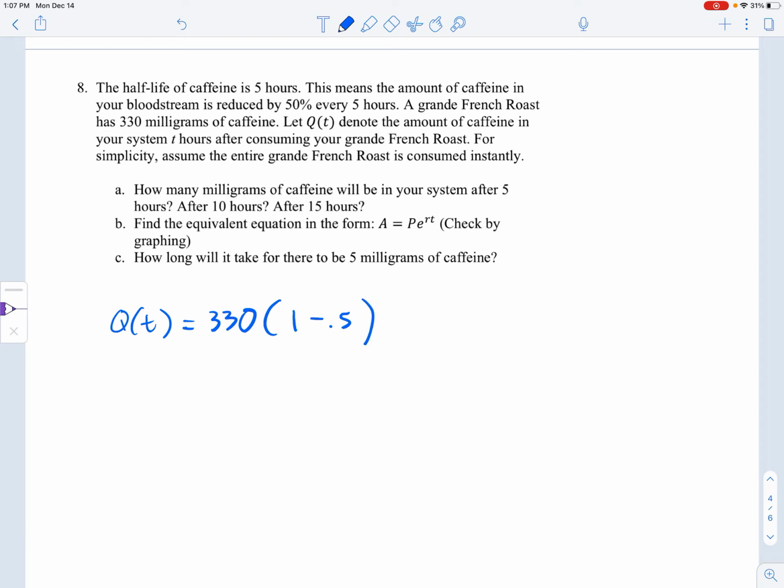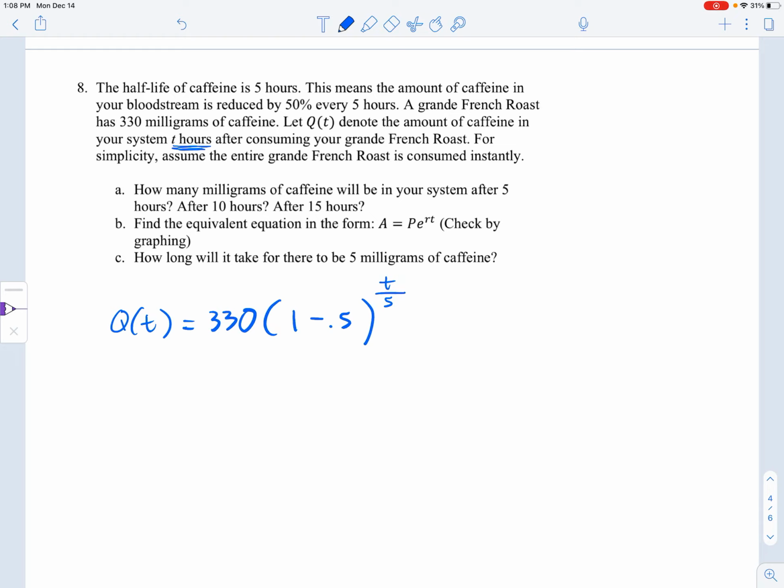And then we want our inputs to be time in hours, right? That was given to us in the wording of the problem. So since the half-life is 5 hours, 5 hours would be considered one period. So we're going to take the number of hours that have passed and divide by 5 in order to determine how many periods have occurred.